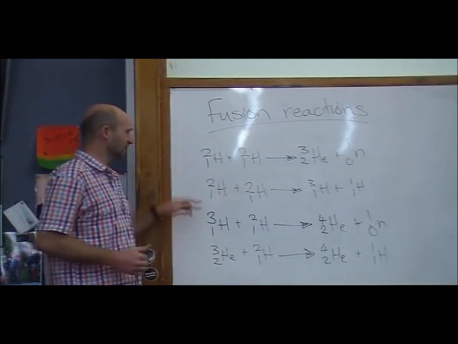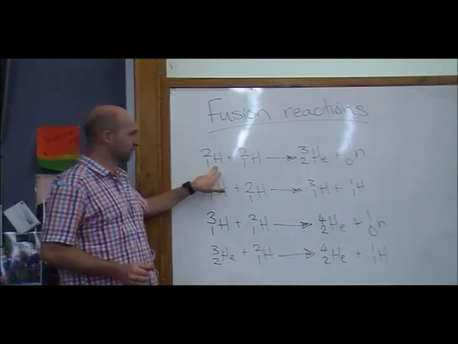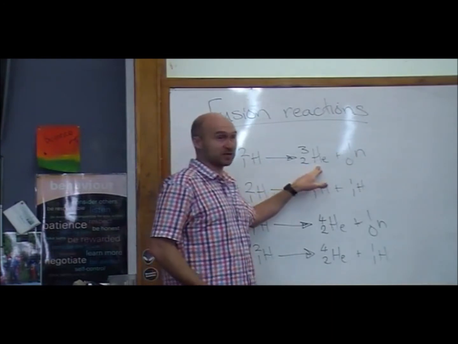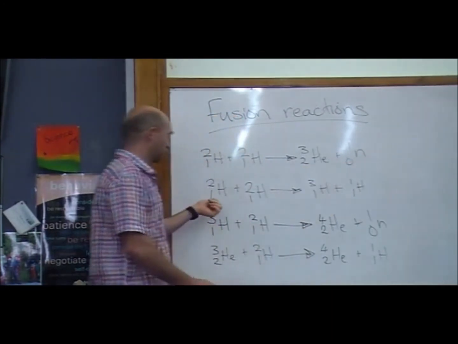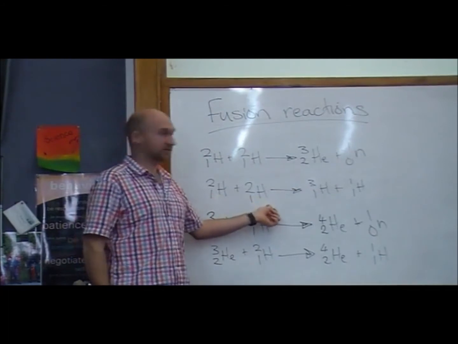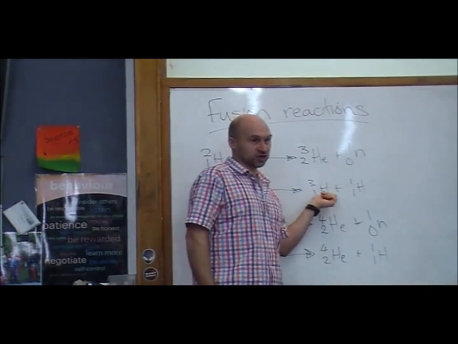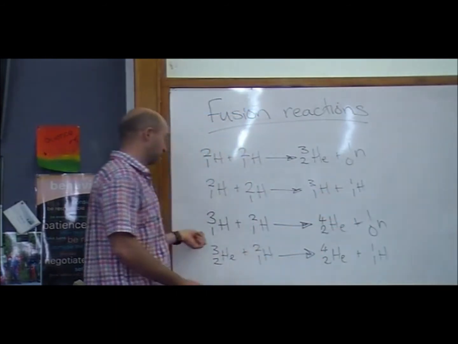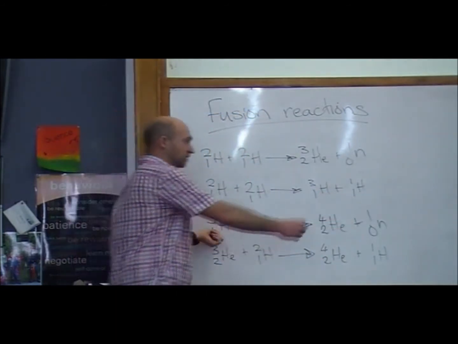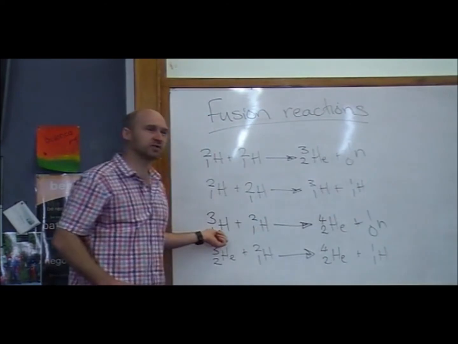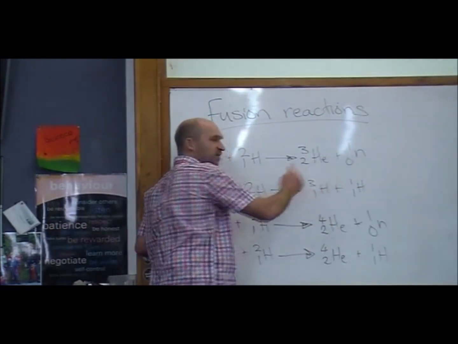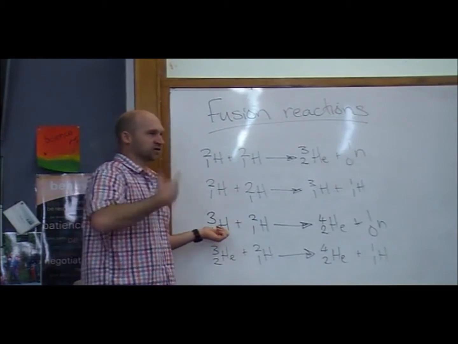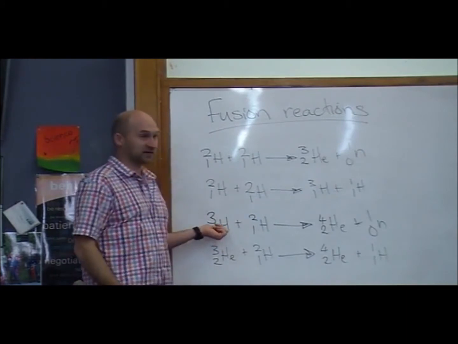So things like deuterium and deuterium colliding together to make helium-3 and a neutron, or deuterium and deuterium colliding together to make hydrogen-3, tritium, and another hydrogen. Remember that tritium has a half-life of about 12 years, so if we're not constantly forming it, there's going to be none left quite quickly.